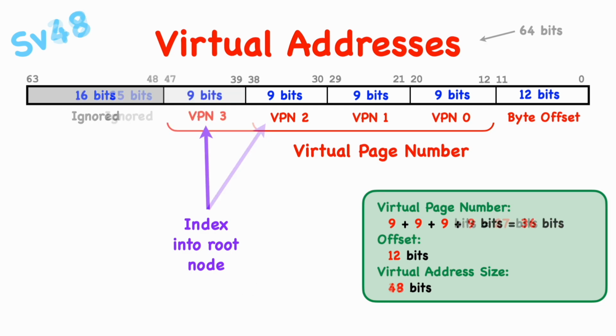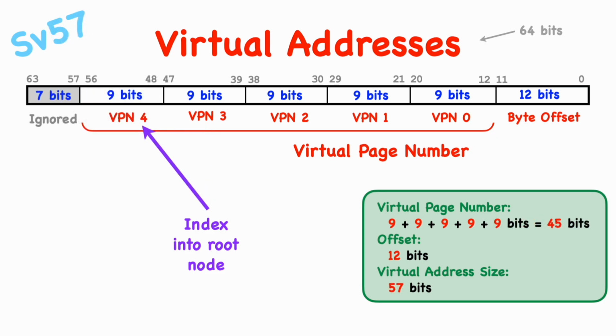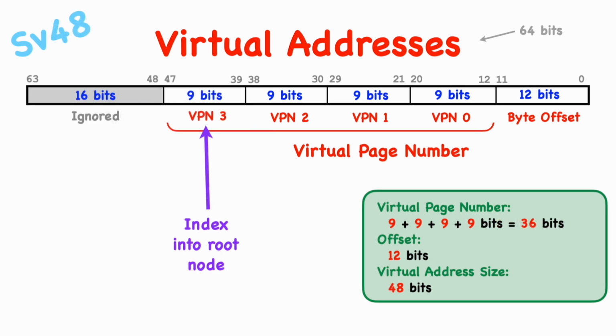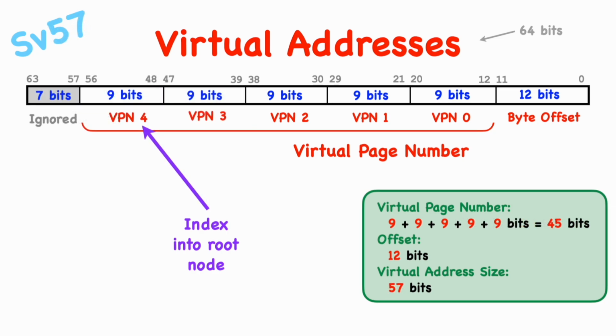So here are the virtual addresses for the Sv48 scheme, and here are virtual addresses in the Sv57 scheme. Let me show that again. Sv39, Sv48, and Sv57. With Sv57, we have a 5-level page table tree. So we have 5 indexes of 9 bits each, plus the 12-bit offset into the page, giving a 57-bit virtual address.